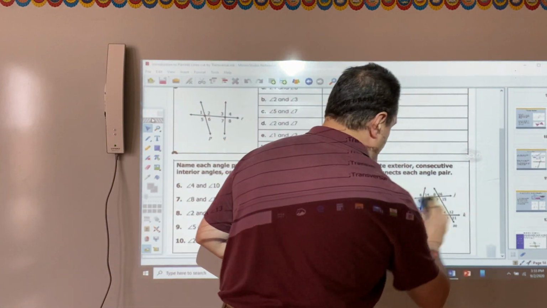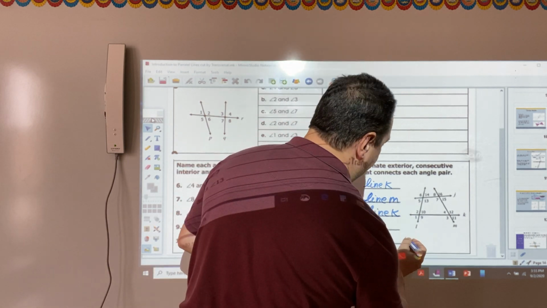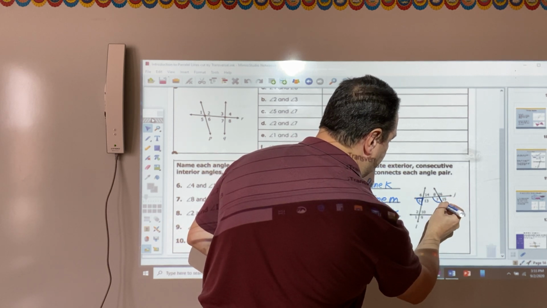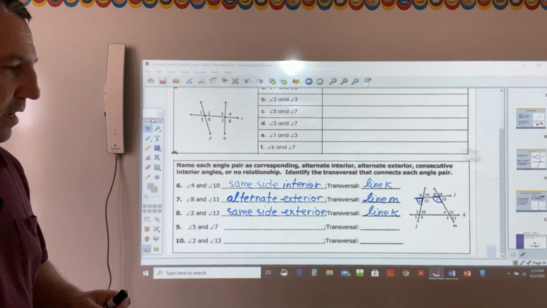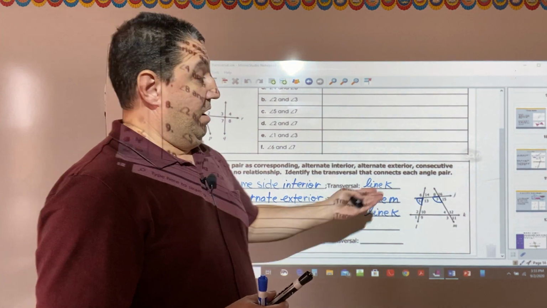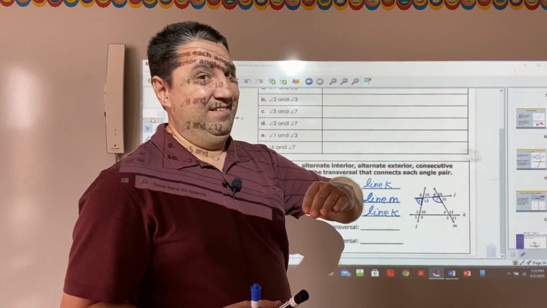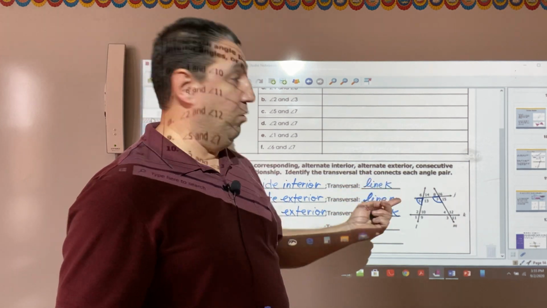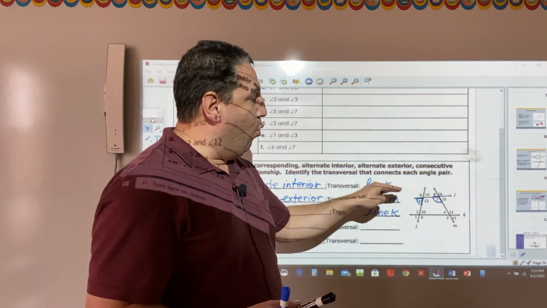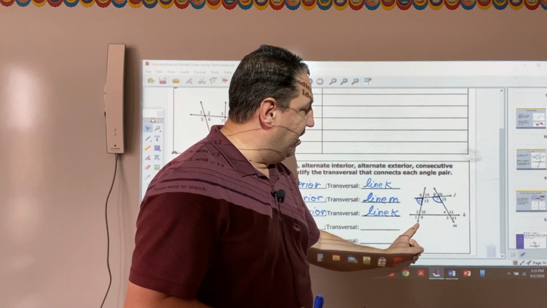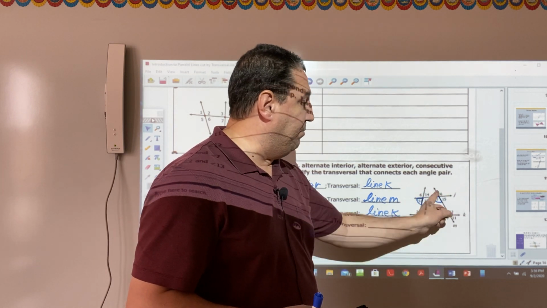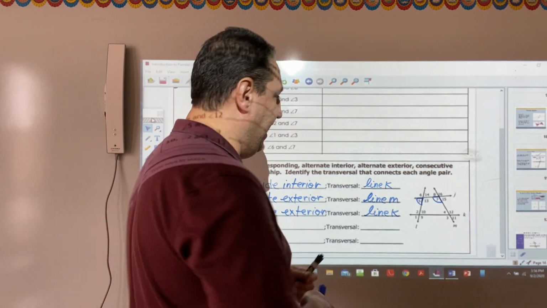Now, 5 and 7. We mark 5 and 7. In this case, 5 and 7 are both on the same side of the transversal, which is, by the way, line J. Because angles 5 and 7 are formed when line J intersects lines L and M at two different points, line J is the transversal.